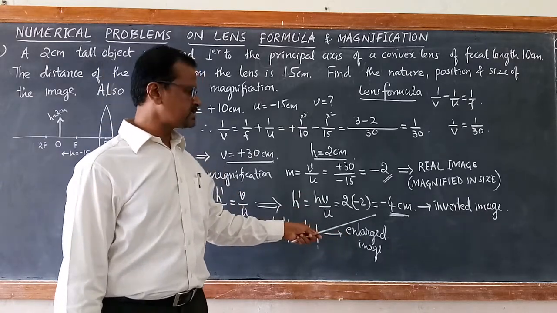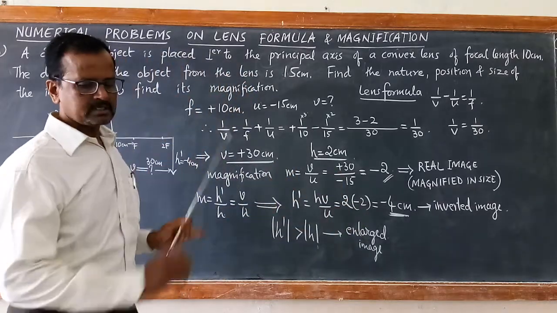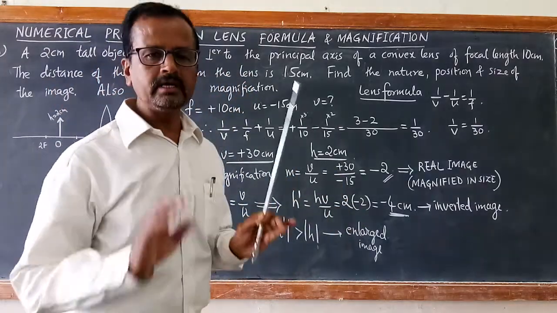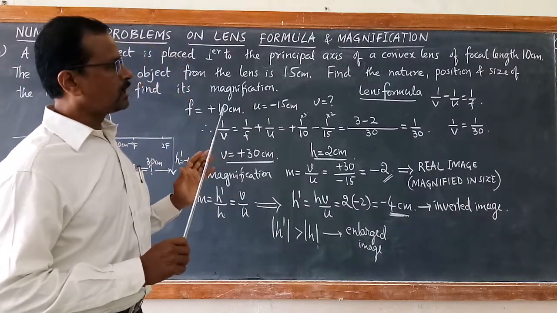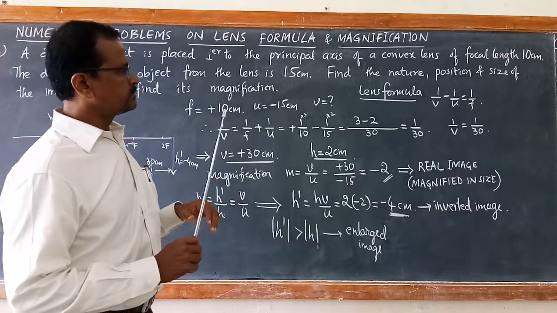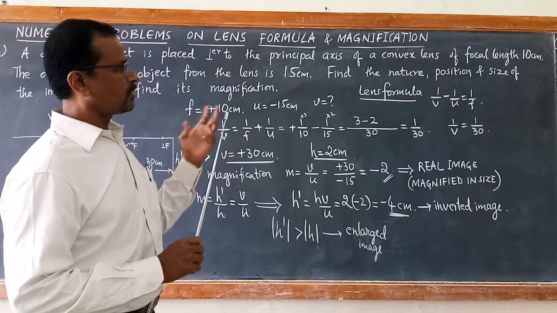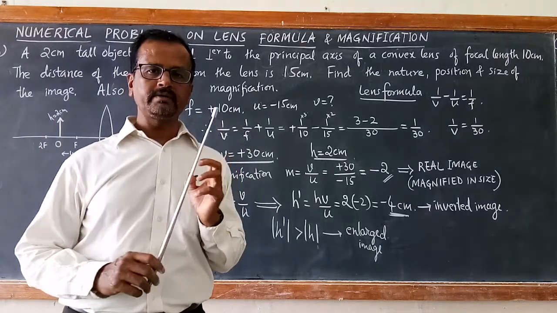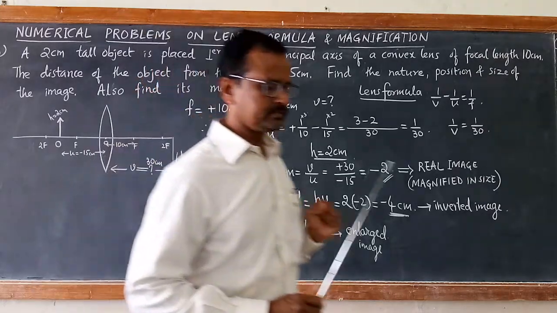If the sign of h dash is negative, then it is inverted. This is how these sign conventions give us all the required information. I think you have got the very important points, how to apply the formula for concave lens and convex lens, and how to calculate magnification. I will give you one problem, you can try it yourself.